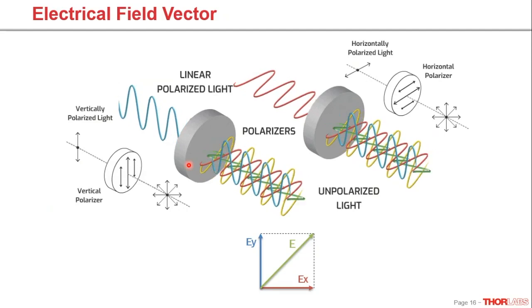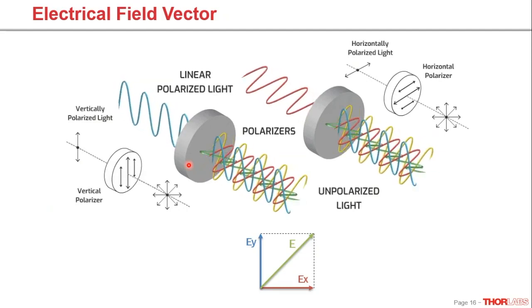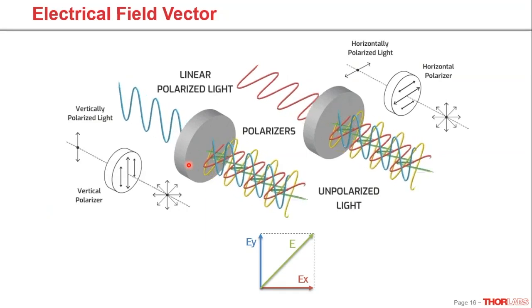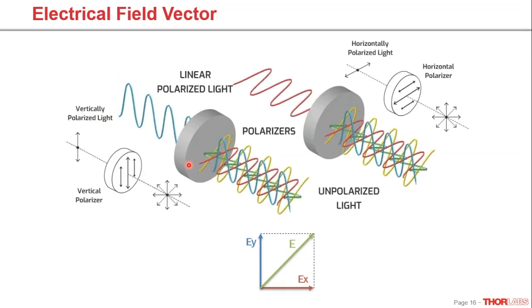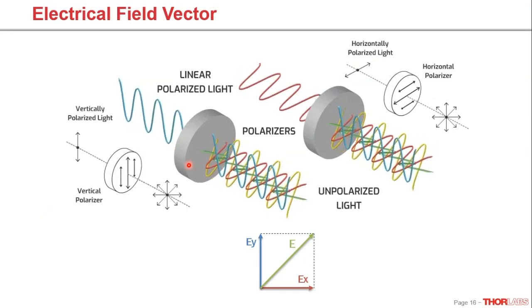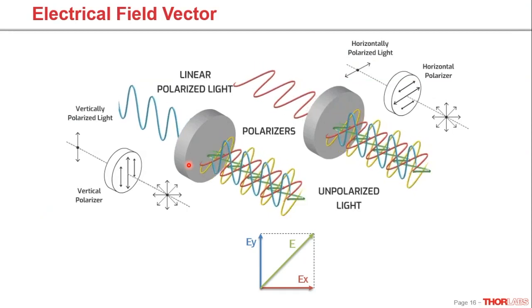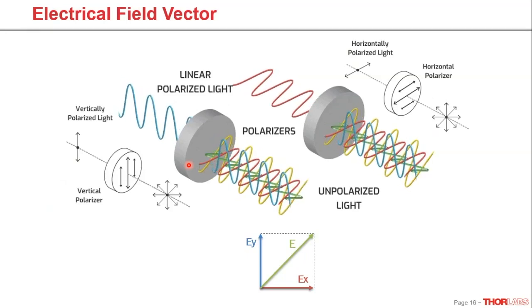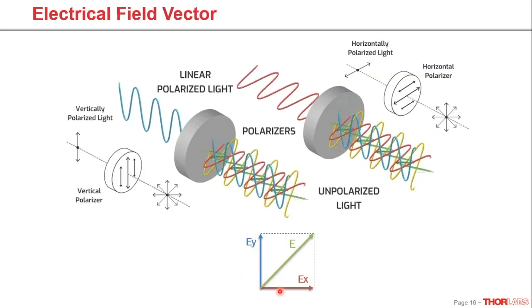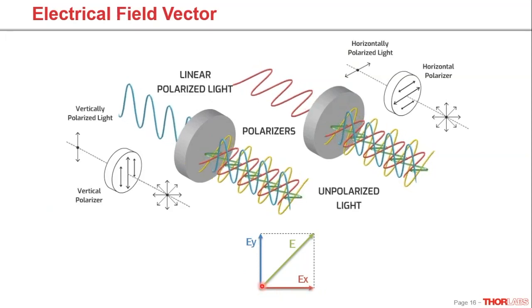If looking directly into the oncoming light, the electric field vector's oscillation would demonstrate more of a random walk than the smooth oscillation we tend to associate with the wave. But for better understanding how this light behaves, it's best to break them down into their vertical and horizontal components, which we're shown here as EX and EY.